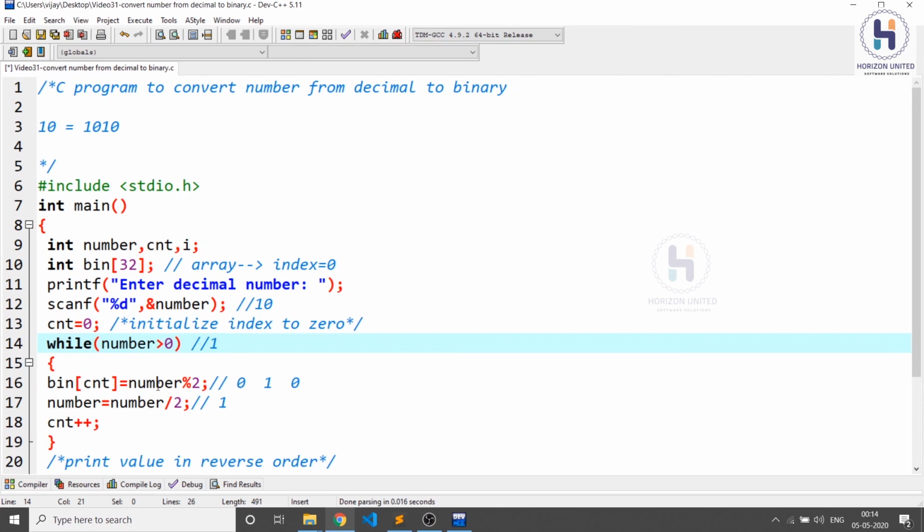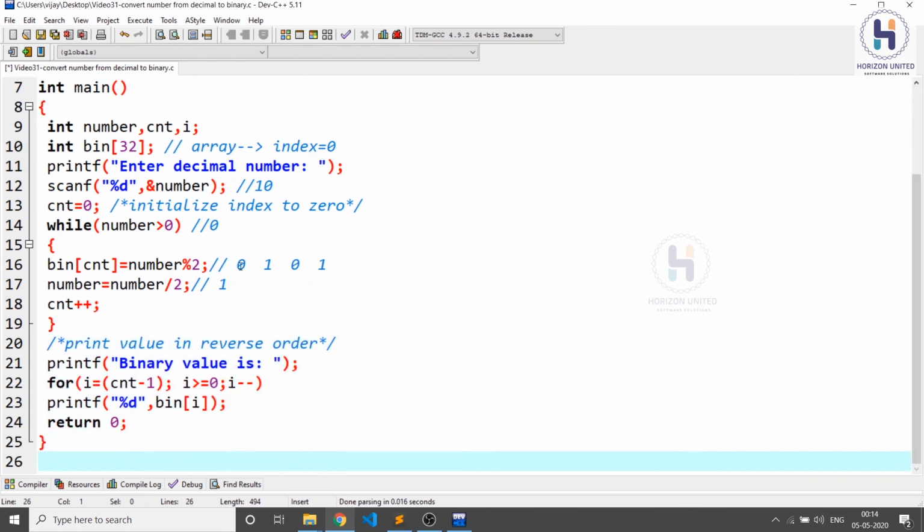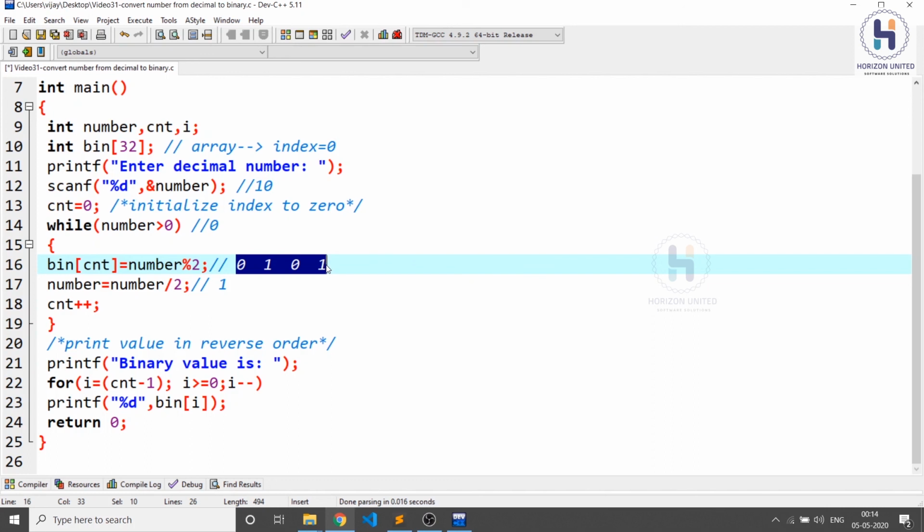Now bin of 3 equals 1 modulus 2, and the value will be 1. Again number equals 1 divided by 2, which will become 0, and the count value is incremented. Now 0 greater than 0, obviously it is going to become false, right? So now inside the array we got 0, 1, 0, 1.